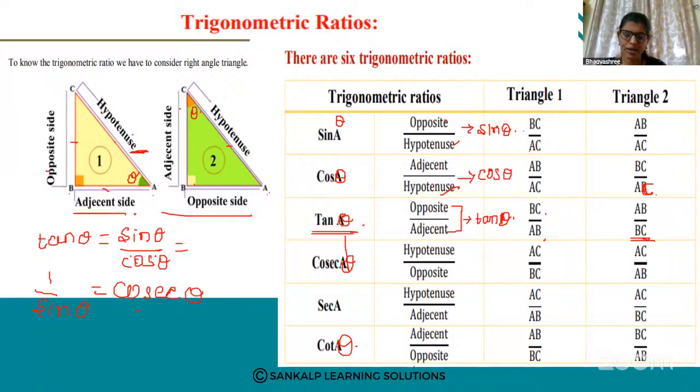Cosecant theta in short form we say cosec theta. 1 divided by sin theta is equal to cosec theta.